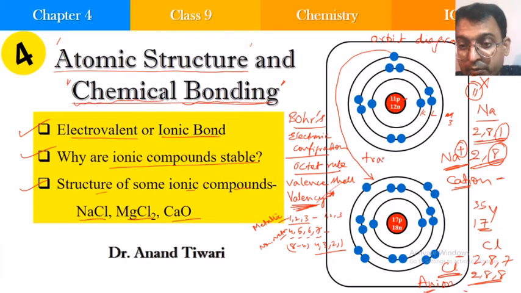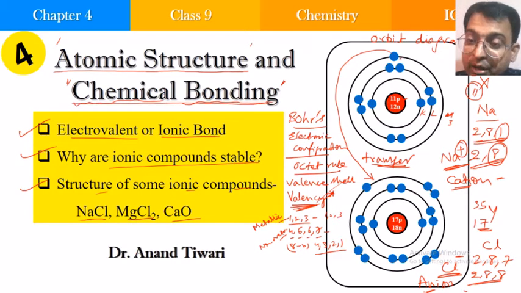This is very important. It is transfer. It is not sharing, it is transferring, complete transferring, not partial transferring, the complete transfer of the valency electron to another atom. So now chlorine got an extra electron. It is able to attain its octet configuration and become stable.